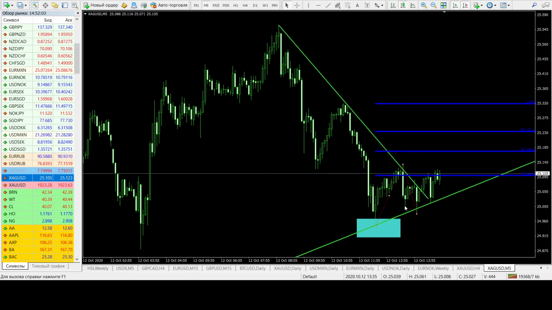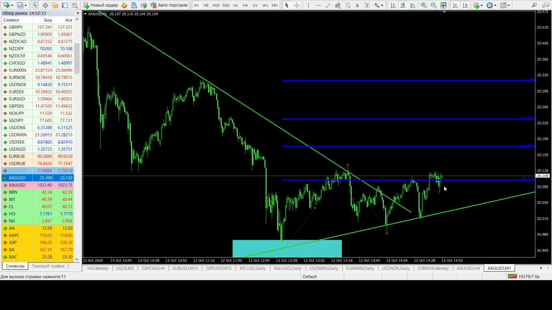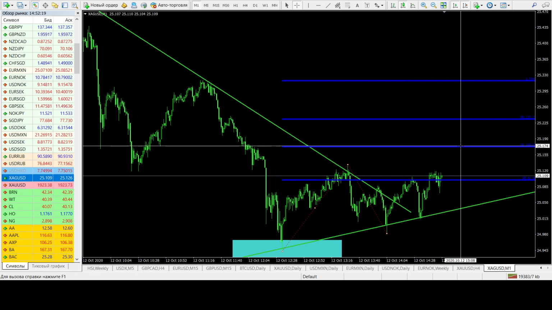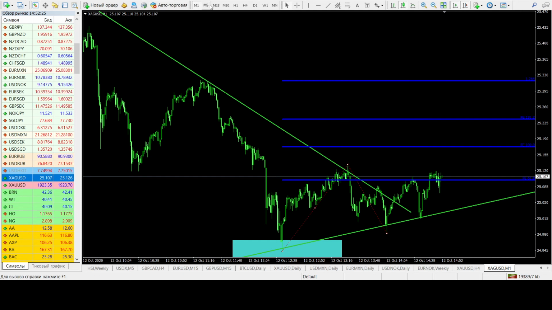You check on 1-minute chart, you think that they broke it already, but you can see shadows on the upper side, and only when they sit on this level and get on 1-minute chart, they get the shadows on the bottom side. After that, you're okay to buy with the target 25.17.